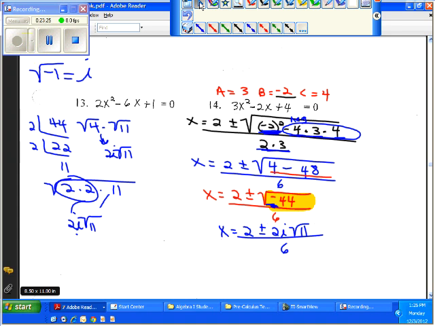There you go. Now, there is a number that will divide into all three of those, right? 2. So we can divide by 2 and get x equals 1 plus or minus 1 i square root 11 over 3. We divided every piece by 2.